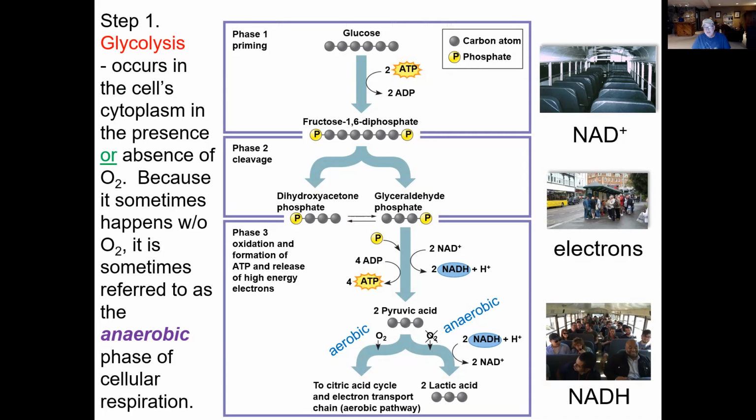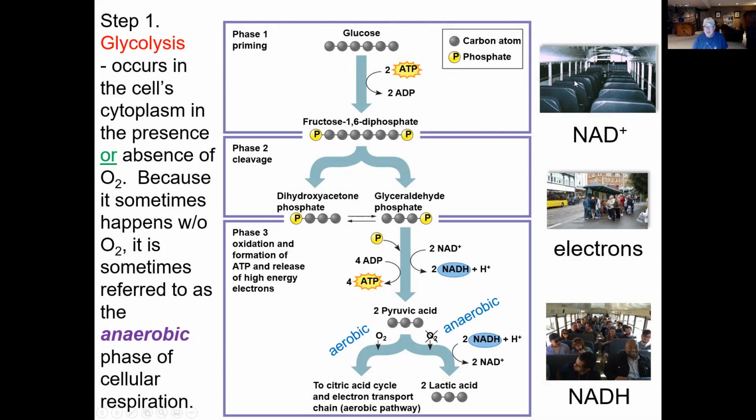To try to simplify this and to give you some bit of an analogy or metaphor, because this is really, really important, I would like you to think of NAD plus as the empty school bus, devoid of passengers. The passengers will be the electrons. We'll use that analogy.